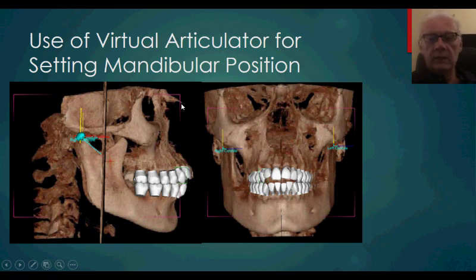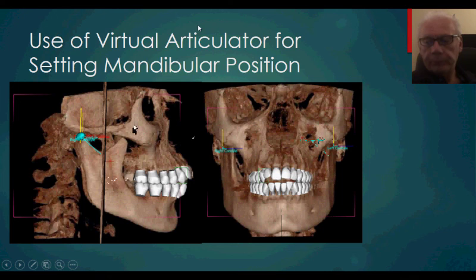One other thing that is available already at this moment is the possibility of using a virtual articulator. We use this virtual articulator that is available in the software released by Ortholab with the digital models. And by doing this, we can simulate condylar repositioning or even growth, or even surgery.